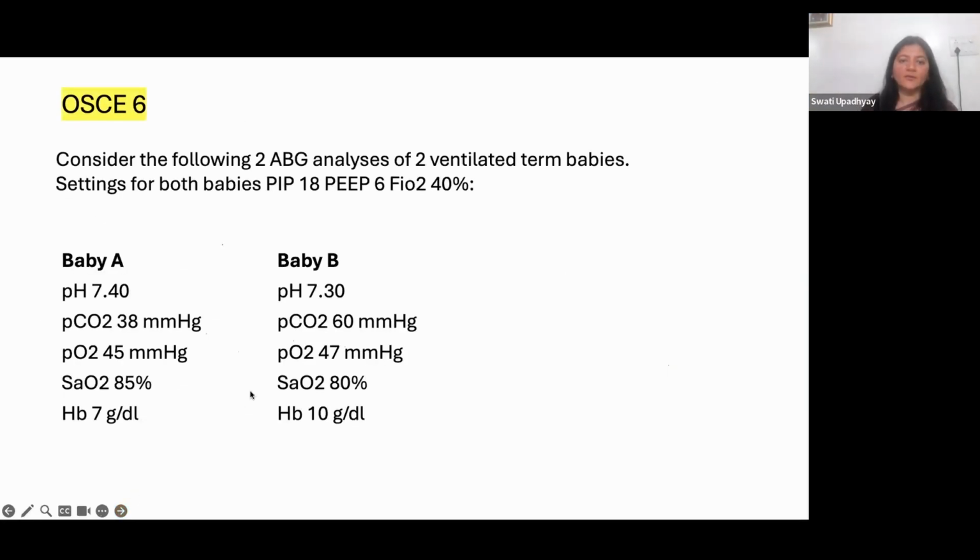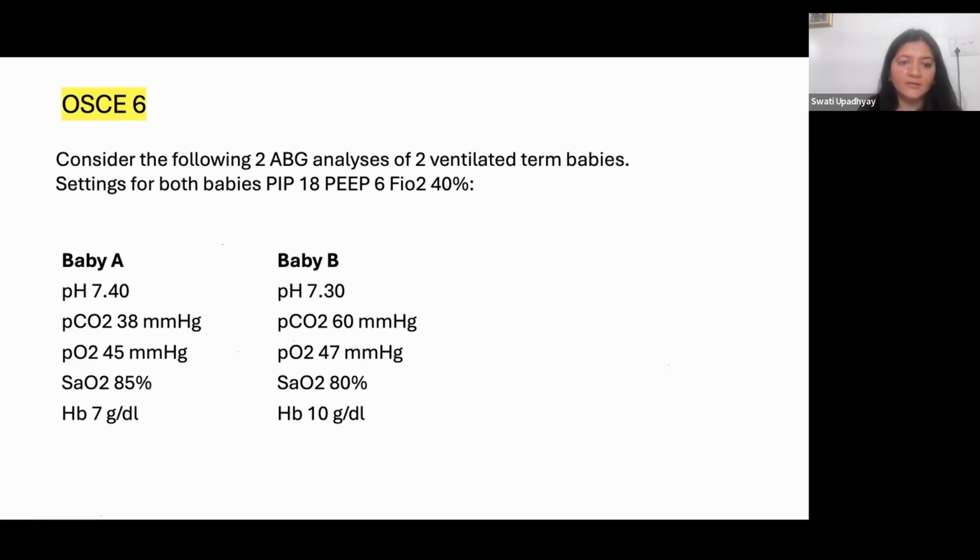So the next question is, I want all of you to look at these case scenarios. Consider the following two blood gas analyses of two ventilated term babies. Settings for both the babies are PIP of 18 centimeter H2O, PEEP 6, and FiO2 40%.